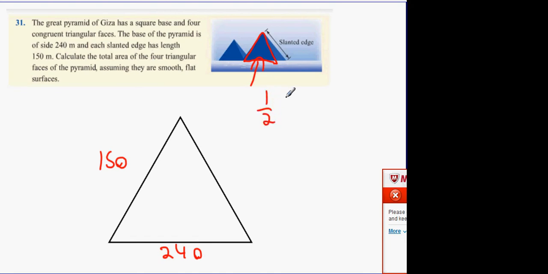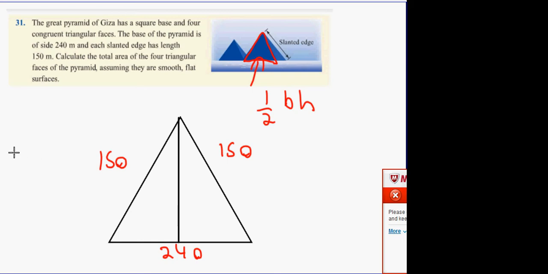We could do this two ways. The first way is just what we did last time: the S formula, because we have 150, 150, 240. A second method would be to draw this down, half the base to 120, do Pythagoras' theorem, then do a half base by height. Most of you would probably go for the S formula, nothing complicated.